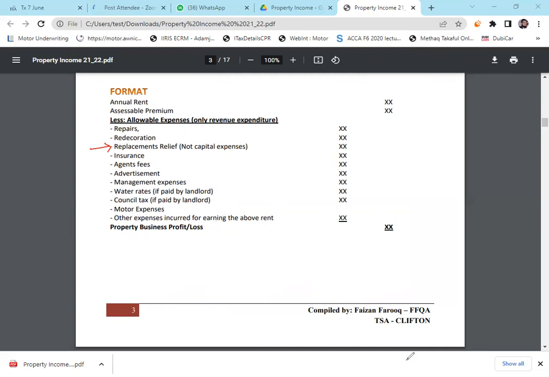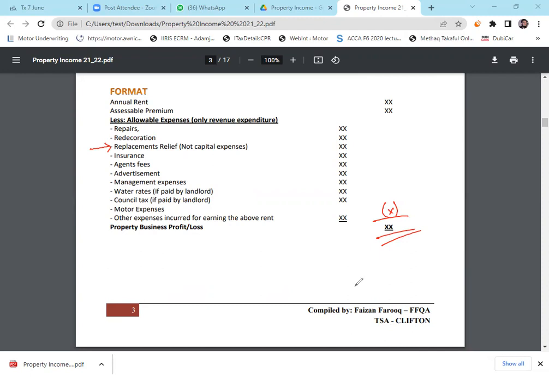But if you have a non-inverter AC and you are replacing it with a higher model, or you can say with inverter technology or improved technology, so it's definitely a replacement with improvement. If replacement with the same model, it's a revenue expense in accordance with taxation.